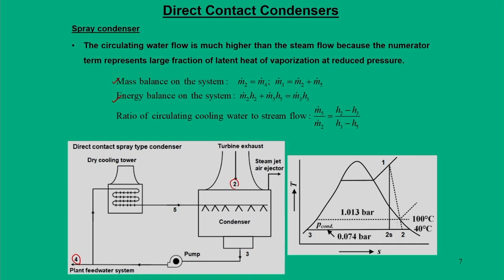Second, for the condenser in particular, M3 dot is equal to M2 dot plus M5 dot; this is the mass balance. The energy balance for this condenser can be written as M2 dot H2 plus M5 dot H5 is equal to M3 dot H3. From these two equations we can find the most important ratio, that of circulating cooling water to the steam flow, which means for a given unit of steam flow, what is the requirement of cooling water.